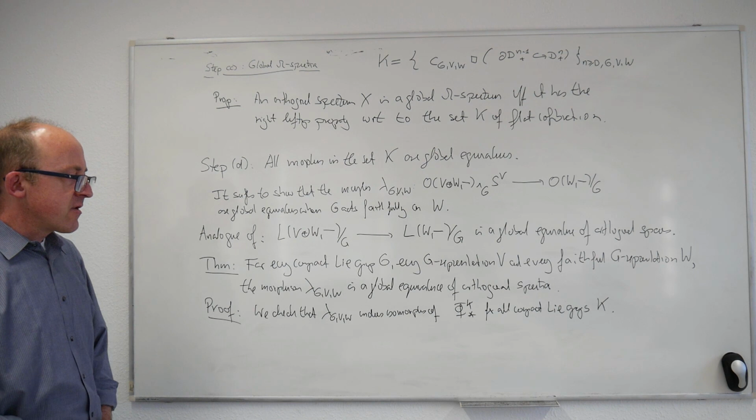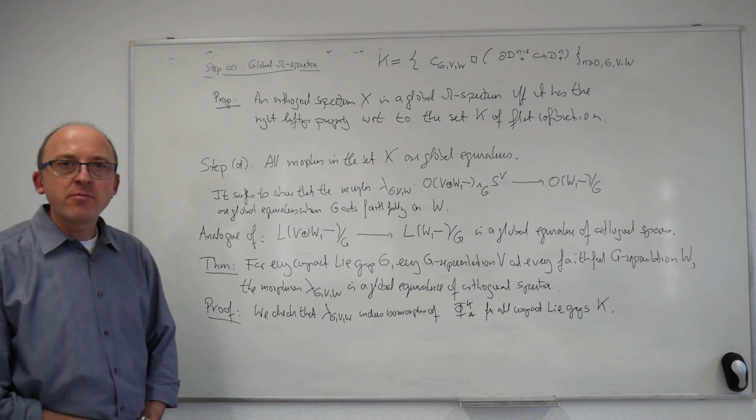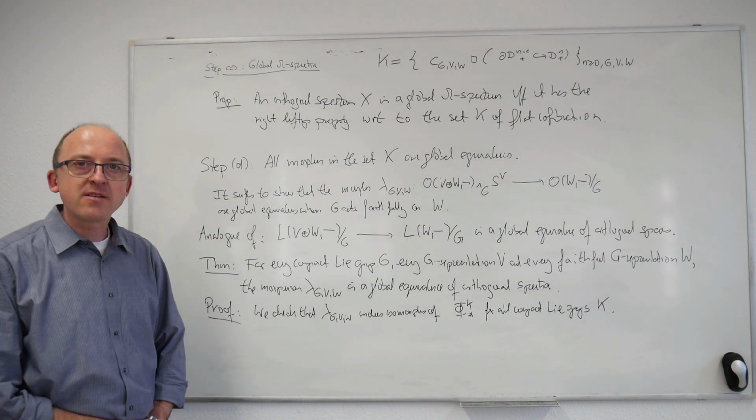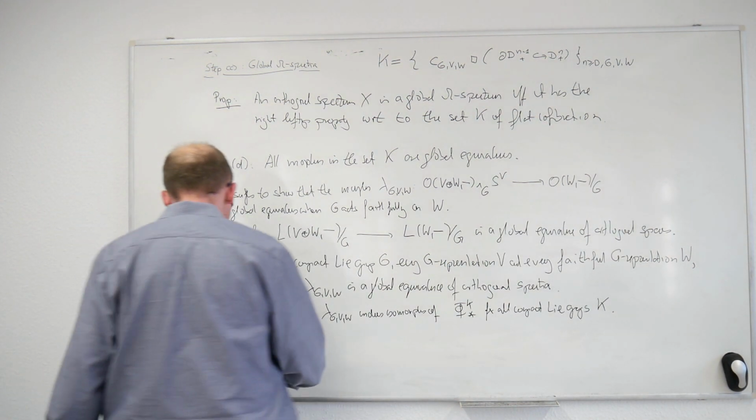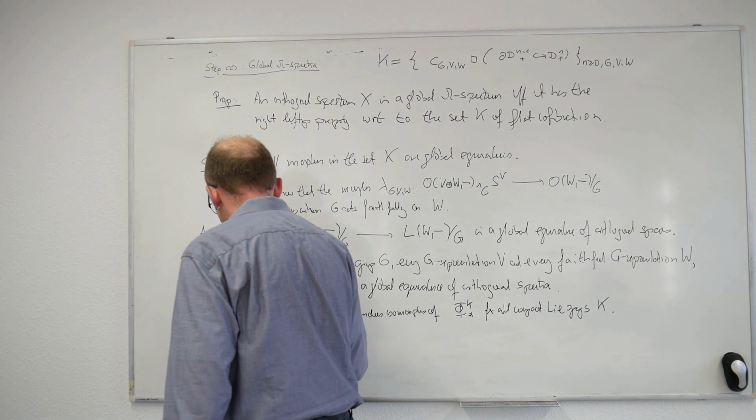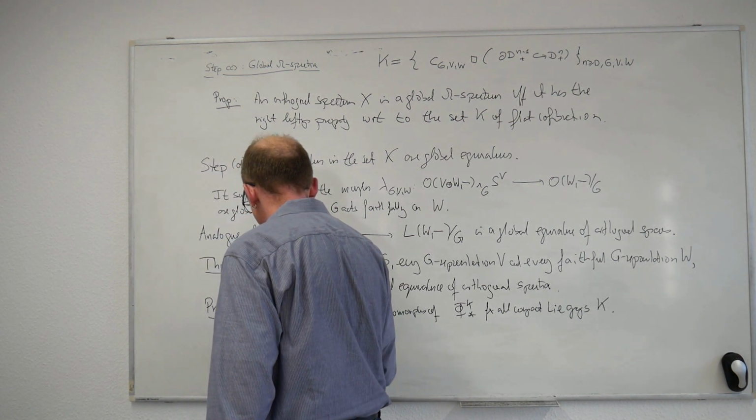I will use a certain reformulation of the geometric fixed point homotopy groups as the non-equivariant homotopy groups of a certain spectrum. So here's how this goes, and for this we let X be any orthogonal spectrum.